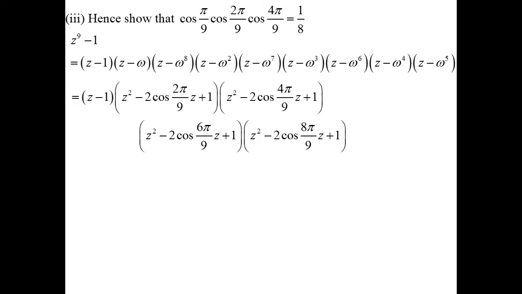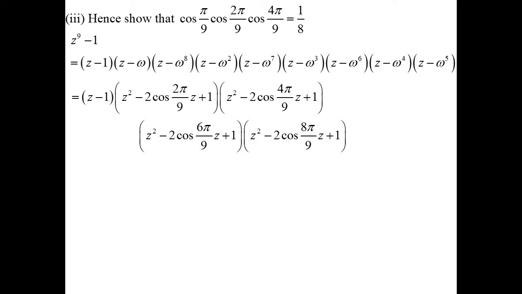So when I just create quadratics using those two factors, I'm going to get minus the sum of the roots. But if I've got conjugates, that's going to be twice the real part. So I get twice cos, in the first one, 2 pi on 9. In the second pairing, I get twice cos 4 pi on 9.